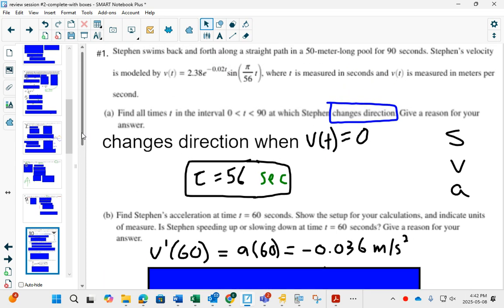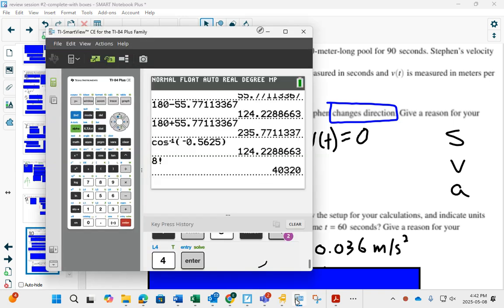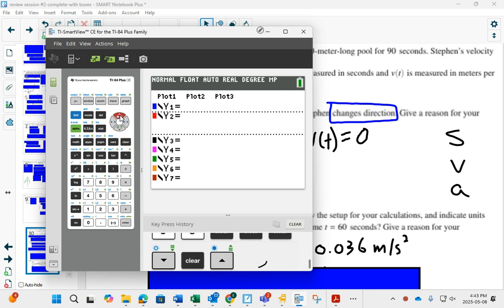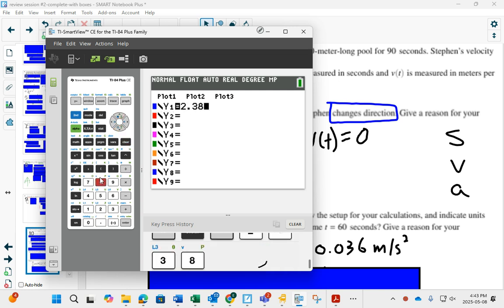Now this would be a place where, if you type this into y1 already, just calculator stuff, I'm going to type it into y1, 2.38, just so we can see everything and we'll clear it out. 2.38, e to the exponent, that's not e.